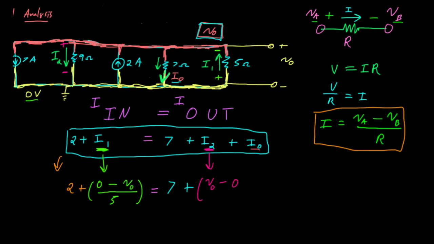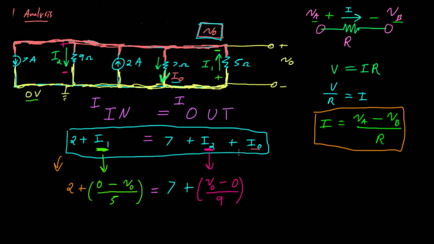And then the last thing I have to do is divide by my resistance value. In this case, I divide by 9 ohms. So V0 minus 0 divided by 9. So I have represented my unknown current, I2, in terms of a voltage difference divided by a resistance.